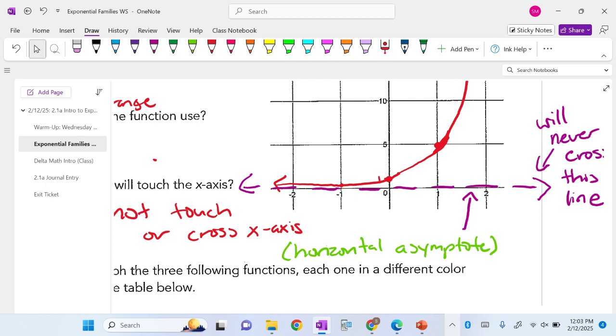So it's just a horizontal line. Think way back to Math 1 when you were writing equations for horizontal and vertical lines. It's right. It's y equals 0. So my equation for the horizontal asymptote is y equals 0. That's how I would state it.